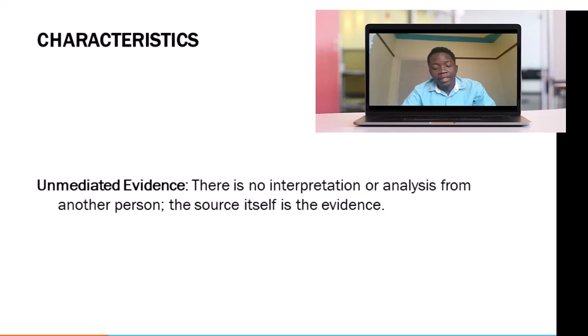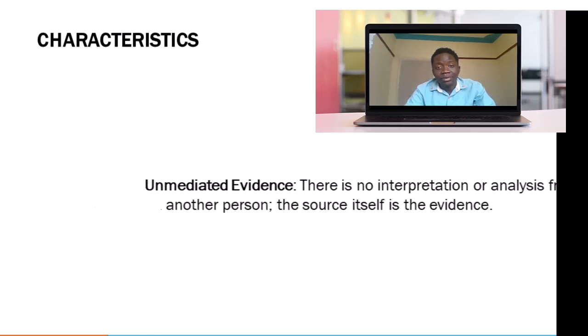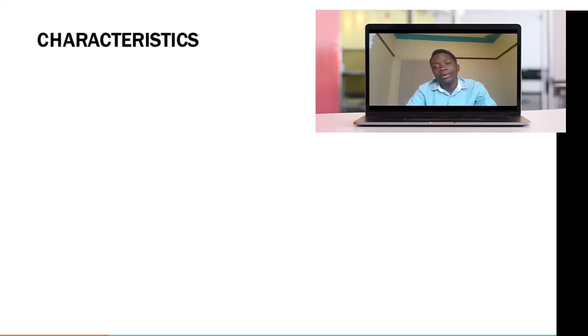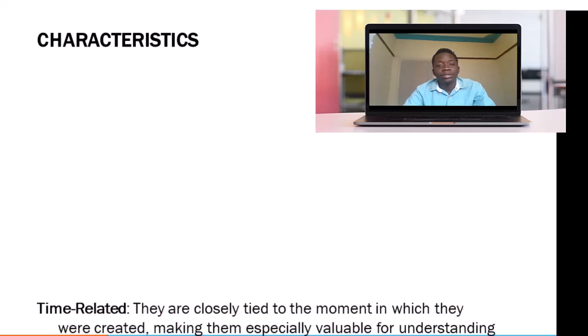That person has seen you doing the thing. He has not been told by someone. So you become the primary source of information because that person has seen you without any analysis. The source is the evidence. That's another thing you have to get about the primary source.